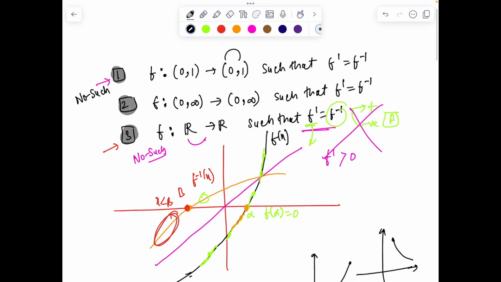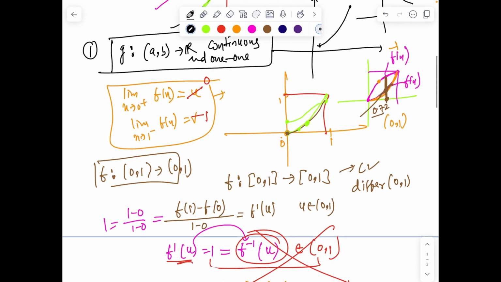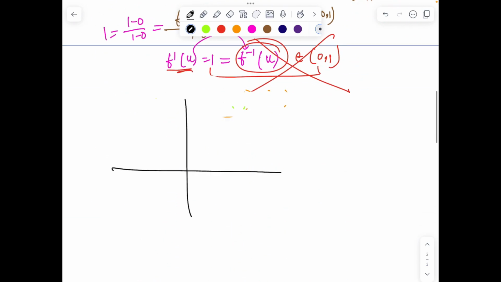Now part 2 is a bit technical, because f is from 0 to infinity going to 0 to infinity, meaning from positive infinity to positive infinity. Is it possible to have such a function? There can be a chance, because if you have a strictly increasing function like this, then its inverse is going to be this, still strictly increasing.